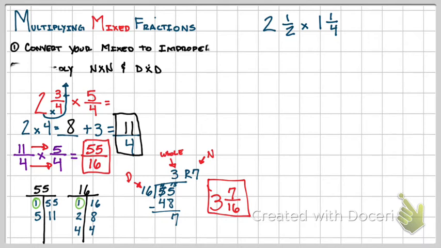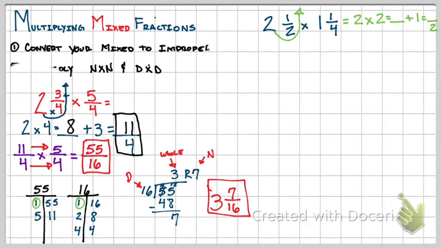How am I going to set up the first one? 2 times 2 is equal to blank, plus what? What's my numerator? Plus 1 is equal to blank over 2.